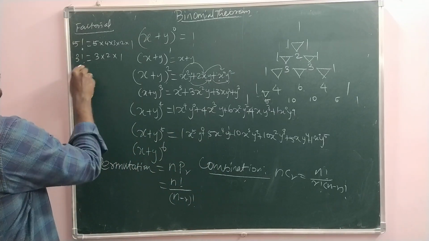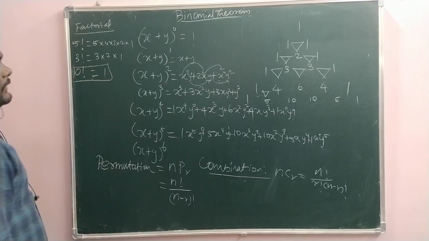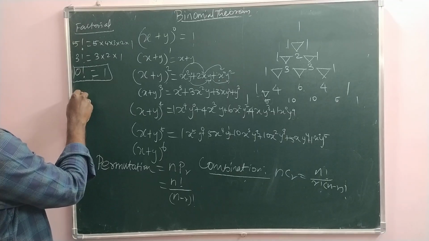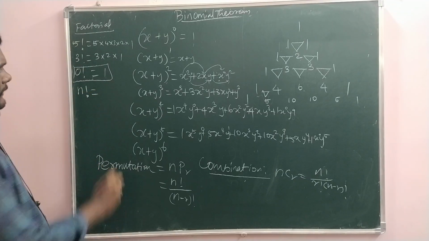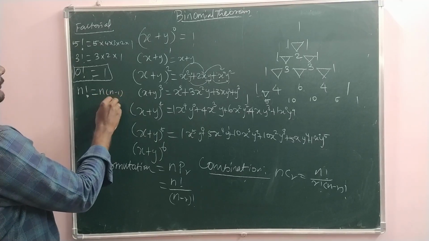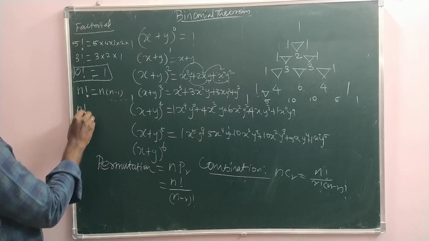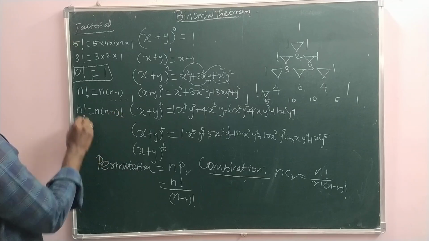And like that 0 factorial value is 1. This is very important. 0 factorial value is 1. And in general n factorial means from n everything should be multiplied. n into n minus 1 into n minus 2 up to 1.